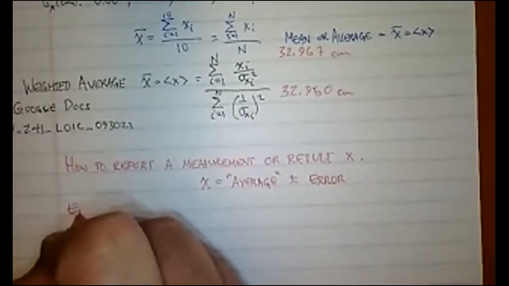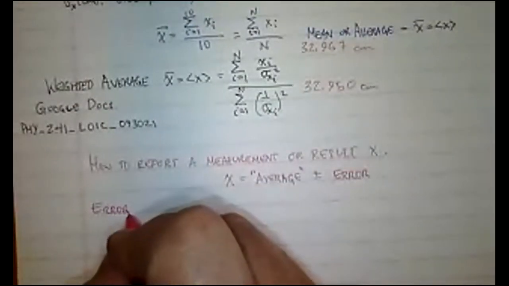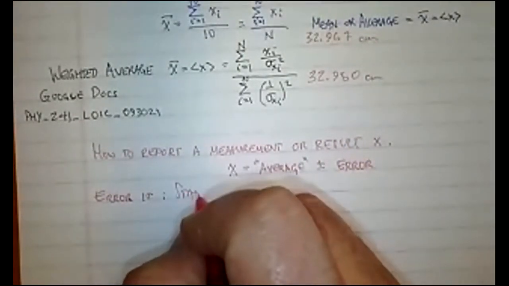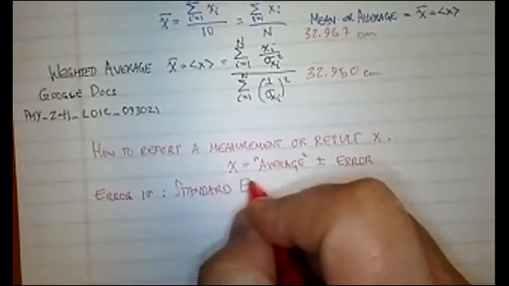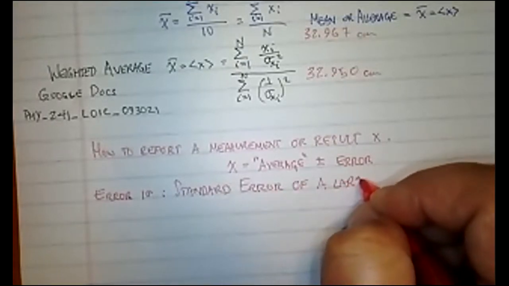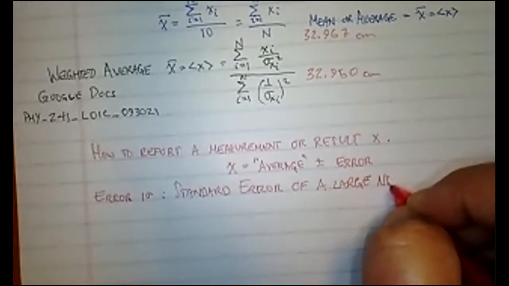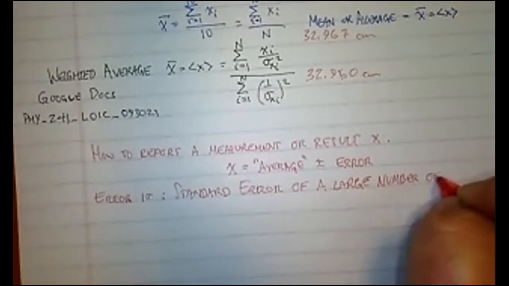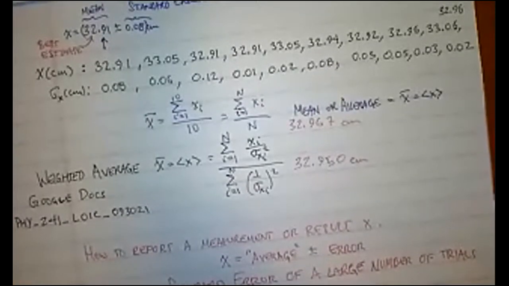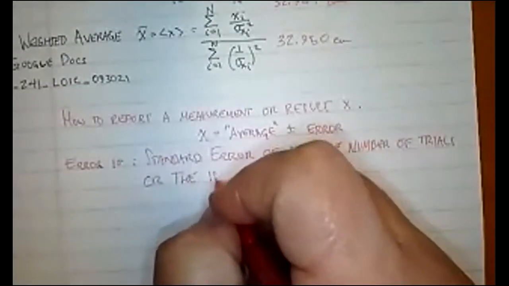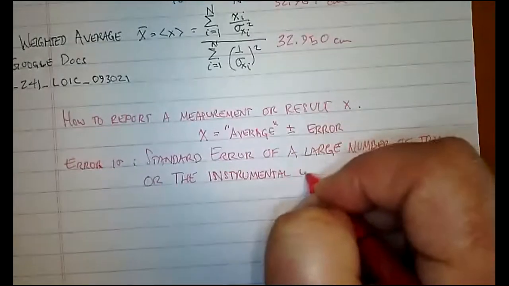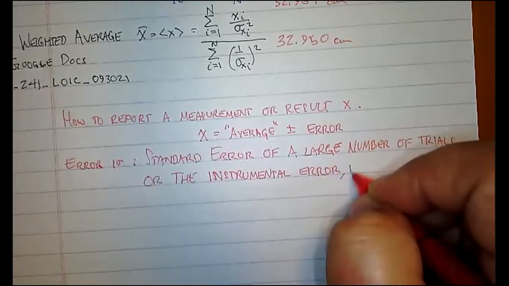Now error can be the standard error of a large, ideally it's large, number of trials, or the instrumental error. Whichever is largest.